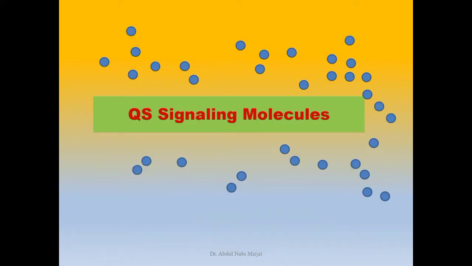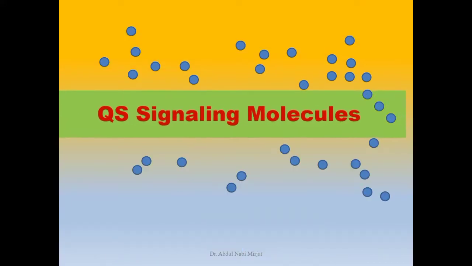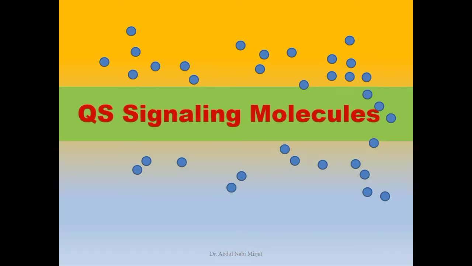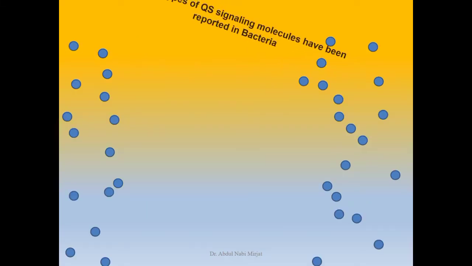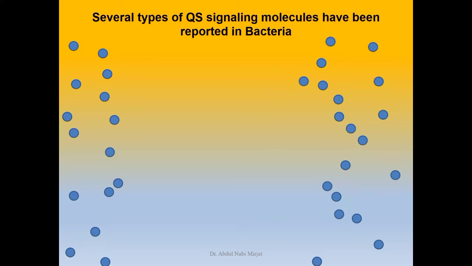So signal molecules are small chemical molecules, also called autoinducers, utilized by bacteria for communication purposes. Several types of quorum-sensing signal molecules have been reported in bacteria.